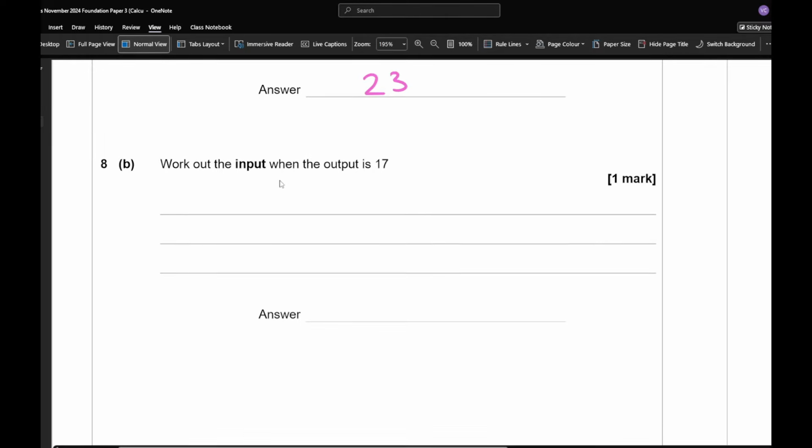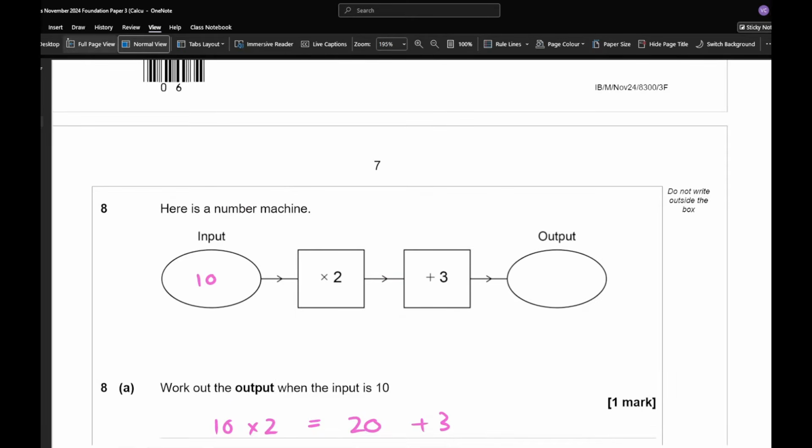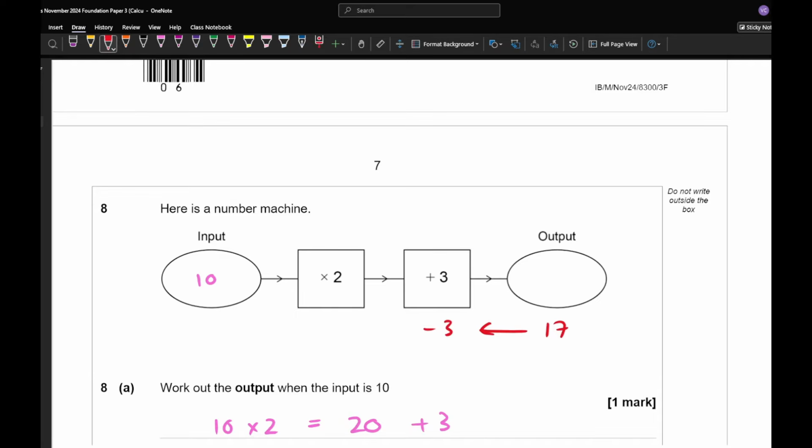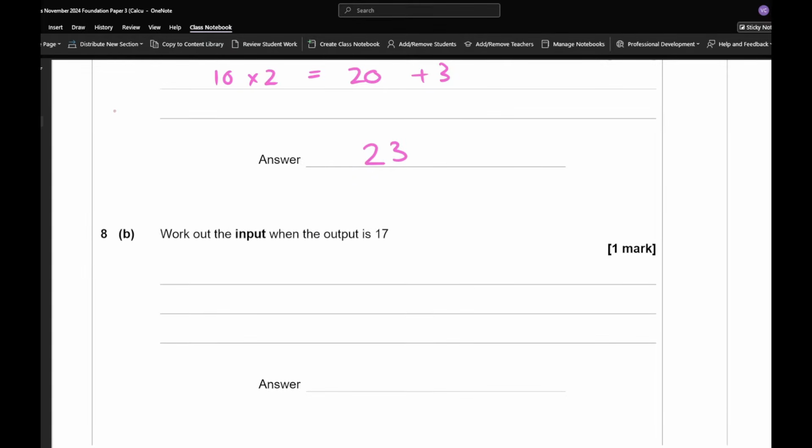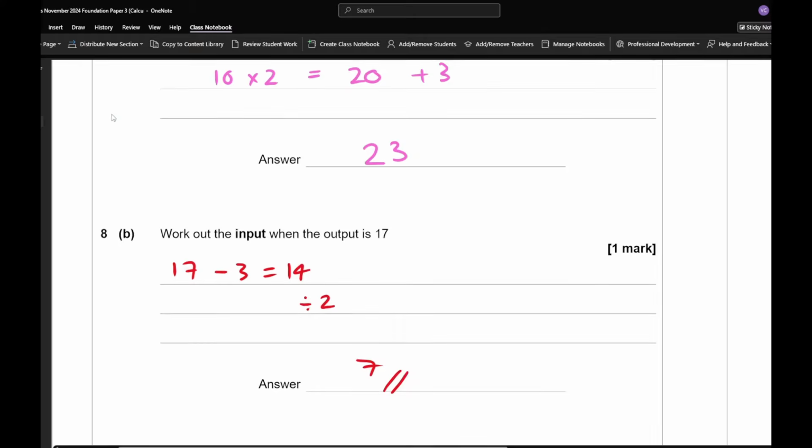So for this, what we need to do is the reverse. I've got 17, so here I'm going to minus 3 and then divide the answer by 2. So 17 minus 3 is 14. And then if I divide that by 2, I get an answer of 7.